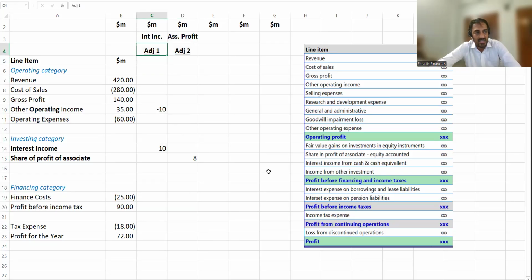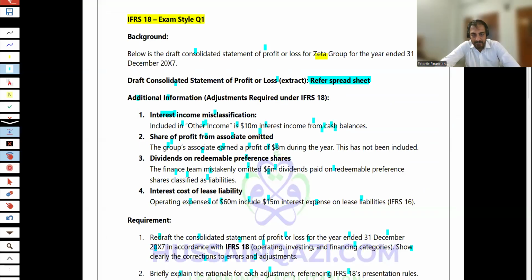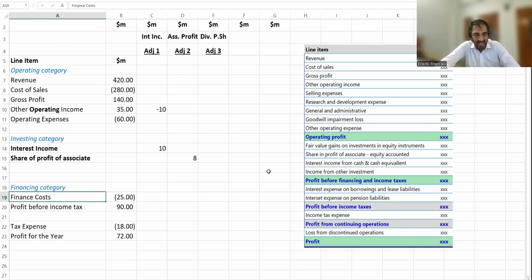The next adjustment is about the dividend from preference shares. This is adjustment number 3. So where should it be? It should be part of the finance cost.